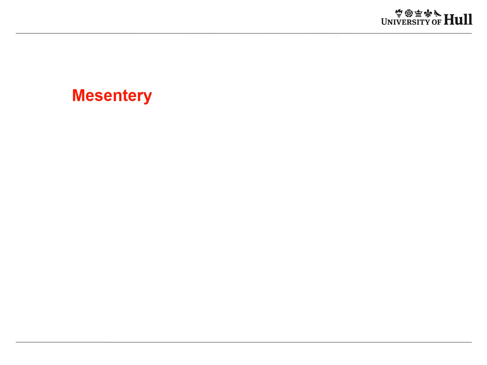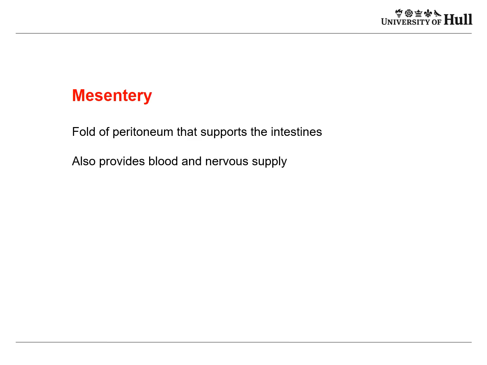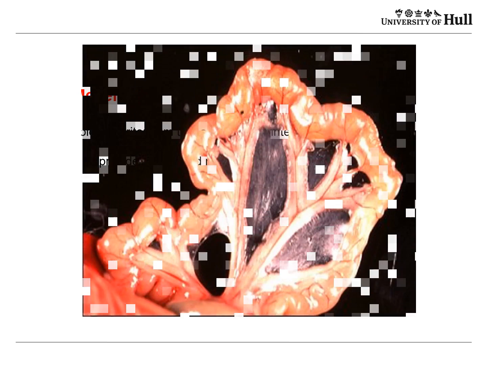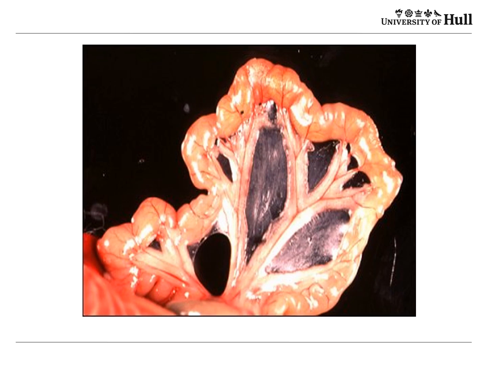The mesenteries are folds of peritoneum that support the intestines, but they also provide blood and a nervous supply. Here's a section of small intestine lifted out, and that transparent membrane that you can see is the mesentery, and you can see running through it the blood vessels.